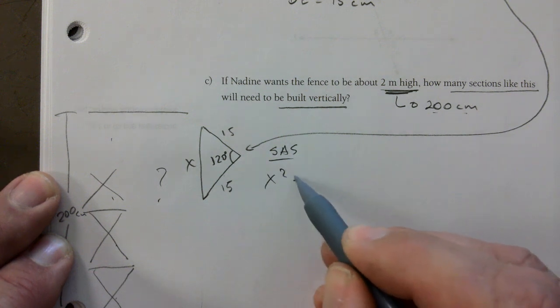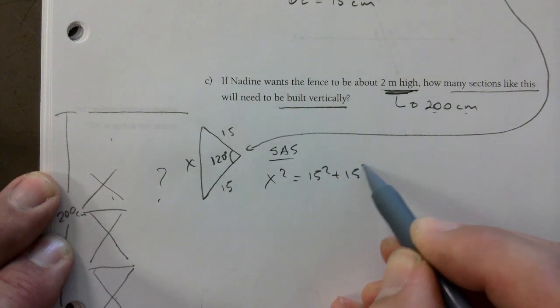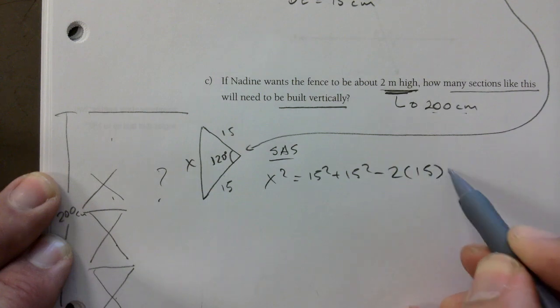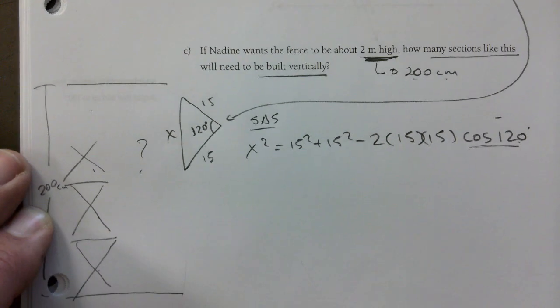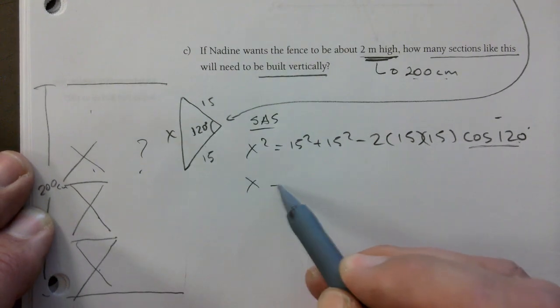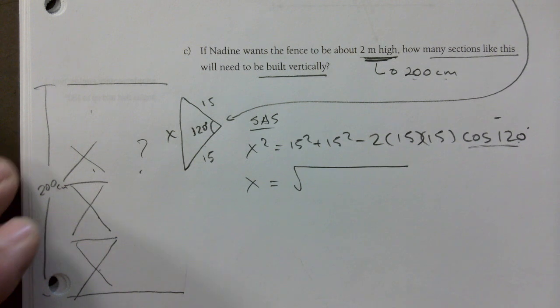So x squared is going to be 15 squared plus 15 squared. You should beat me to this. You should know how to do this by now. Actually, there's a bit of a problem here. If you do it in steps, this is going to give you a negative. So if you do this in steps, you will have some trouble.